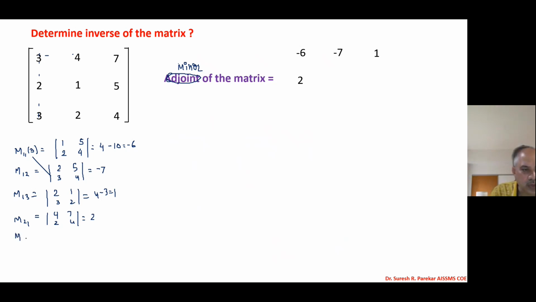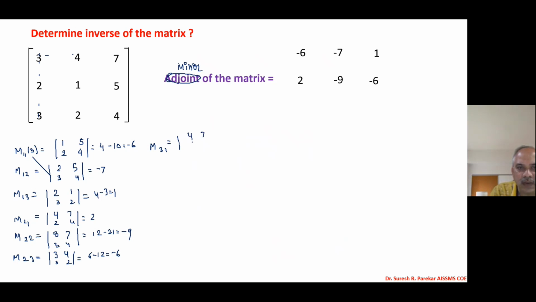Then we have M 2 2: 3, 7, 3, 4. So 12 minus 21, minus 9. Then we have M 2 3: 2, 3, 3, 4. So 6 minus 12, minus 6. Then M 3 1: 4, 7, 1, 5.